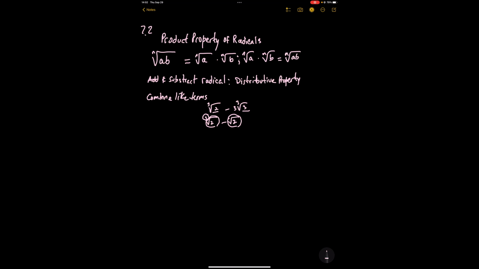For you to be able to add them together, both radicands and indices are supposed to match. So for instance, cube root of 2 plus 2 cube root of 2 can be added to equal 3 cube root of 2.